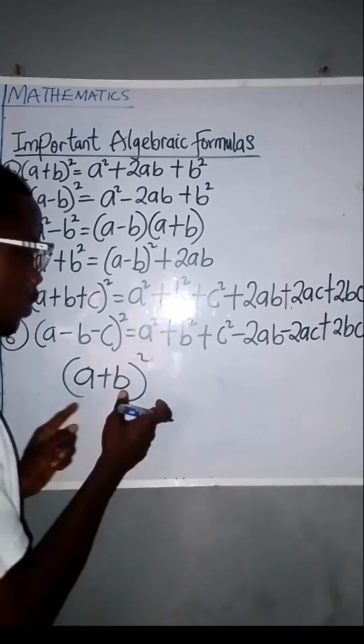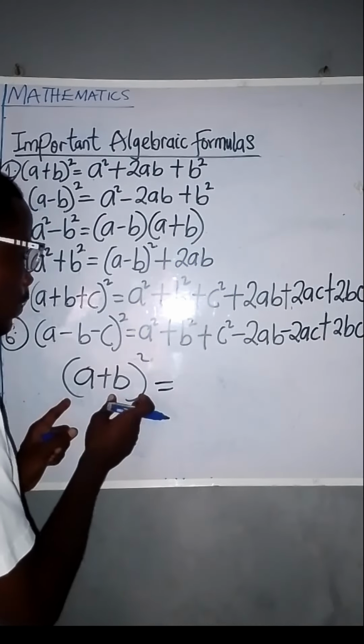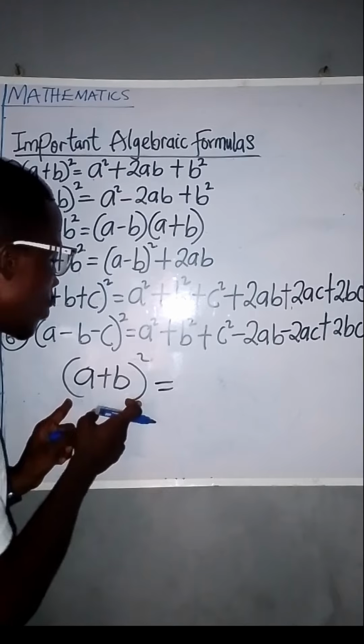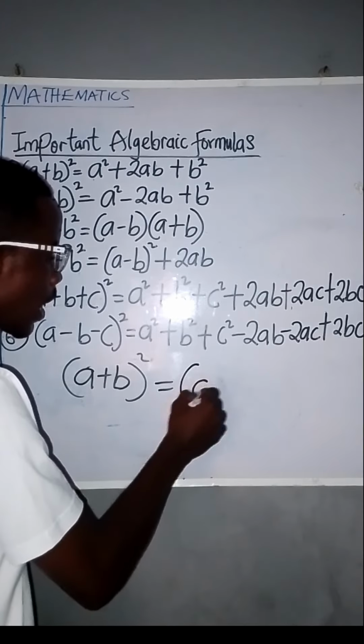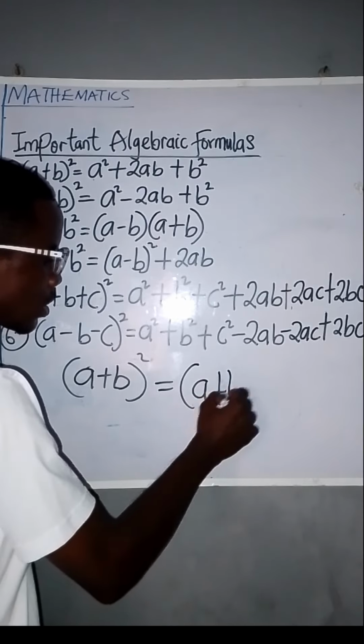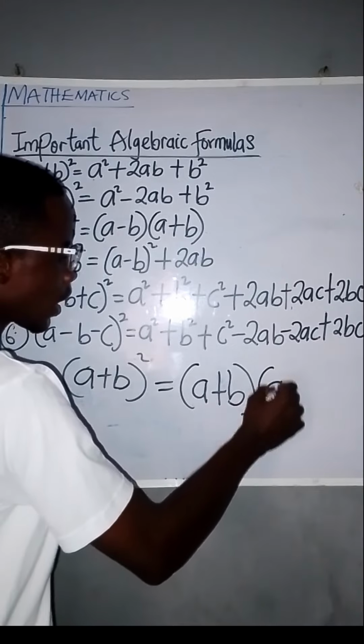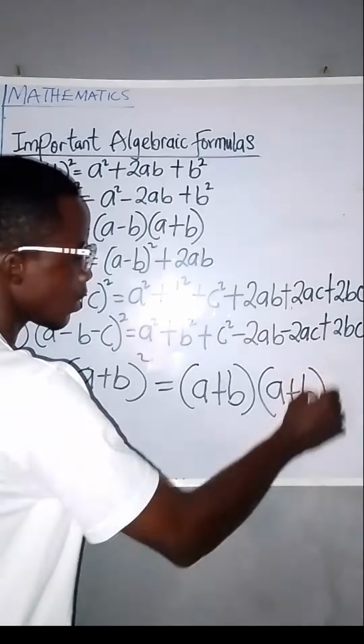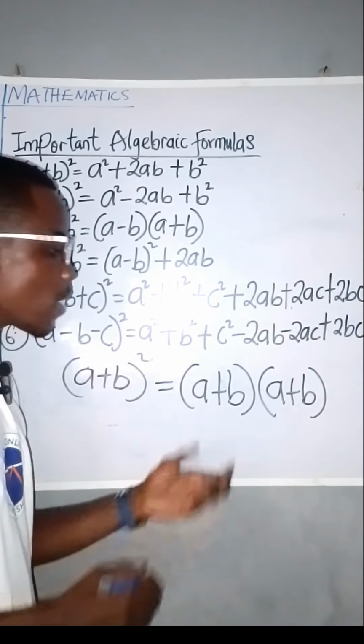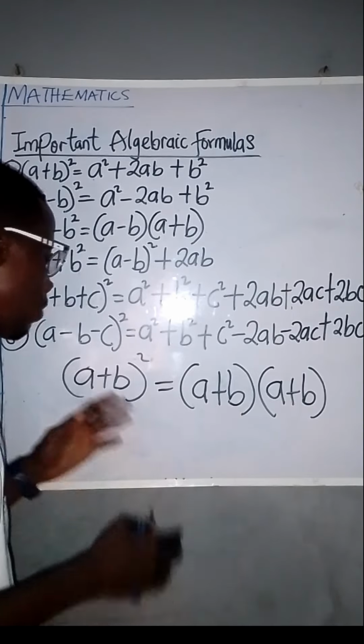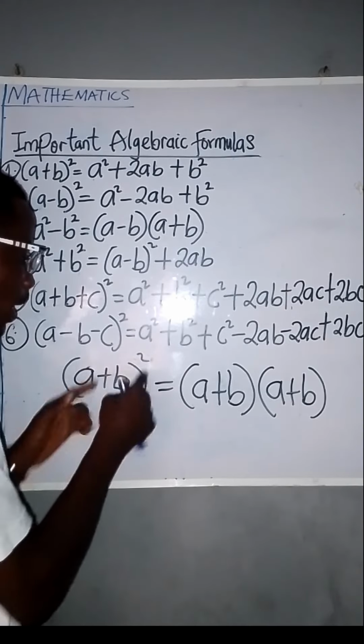So from this particular question, I can decide to expand it to give me (a plus b), another (a plus b). There are two (a plus b) because they said (a plus b) in brackets squared.